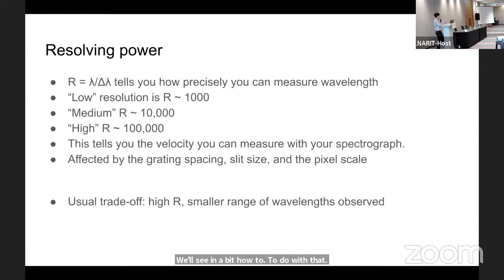I'll move to this side. Can people on that side see the screen or on Zoom?